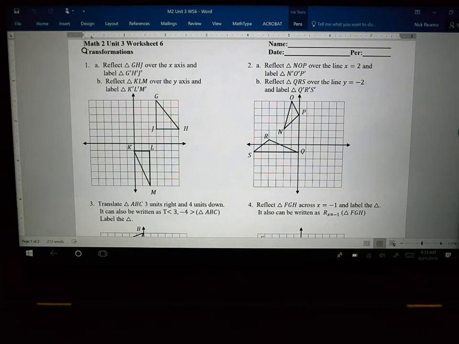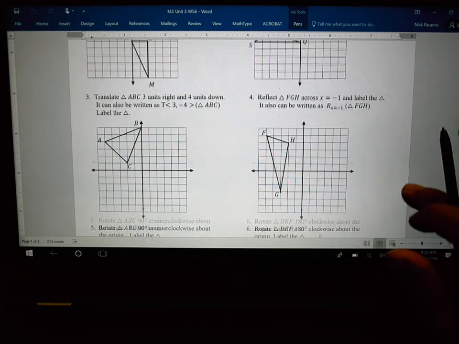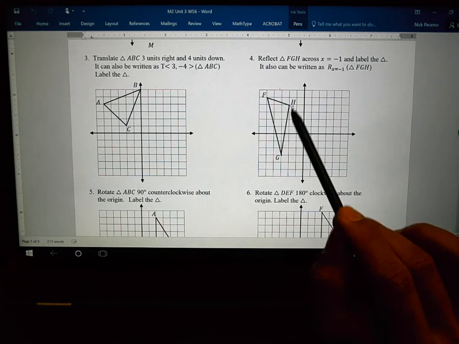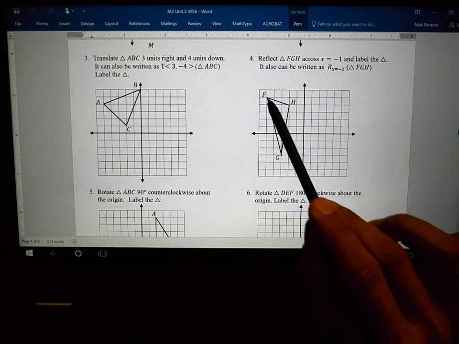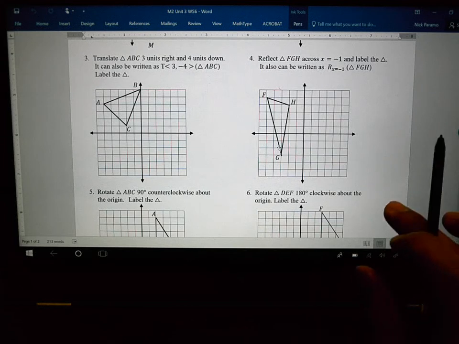We talked about number 2 already. We did that one. We did number 3, didn't we? Number 4, FHG. I'm always going to start in the top left if I can.